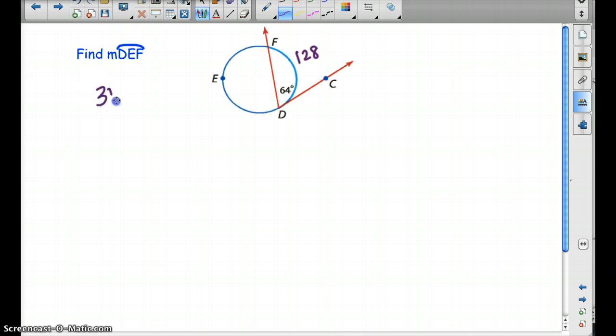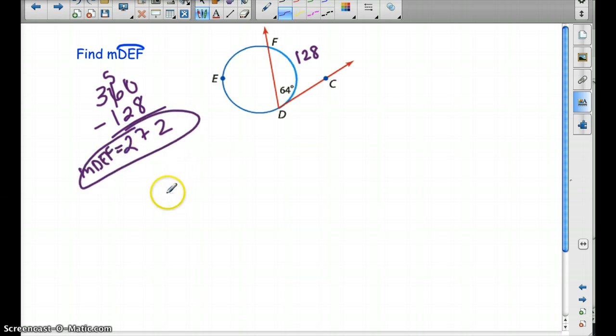So we take 360 minus 128 and we're going to get 272. So that would be the arc DEF. It's going to be 272. So that's a two-step process.